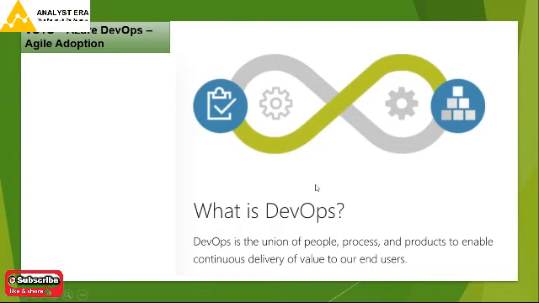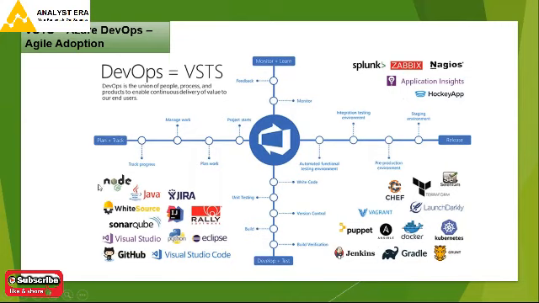What is DevOps or what is VSTS doing for you? It can integrate these many things when you are working in an integrated environment like Azure DevOps. It can help you plan and track the progress of what happened.